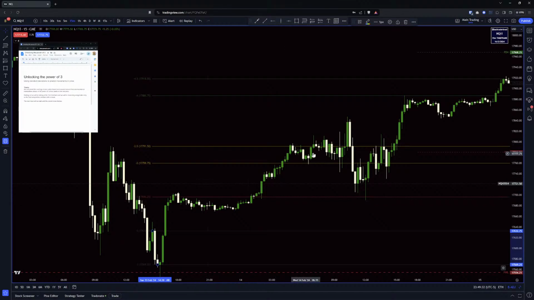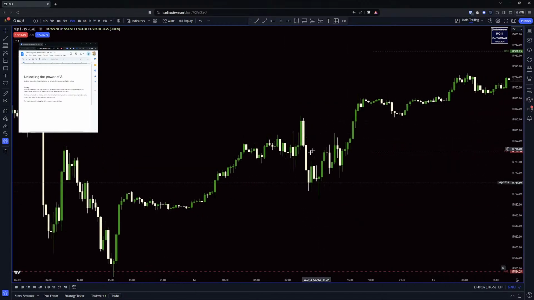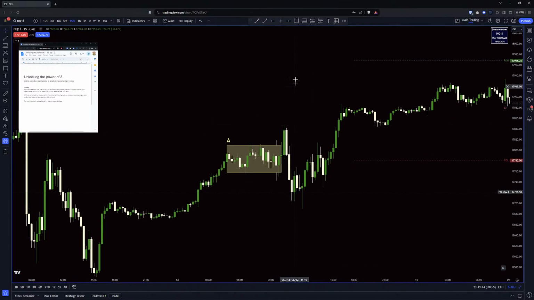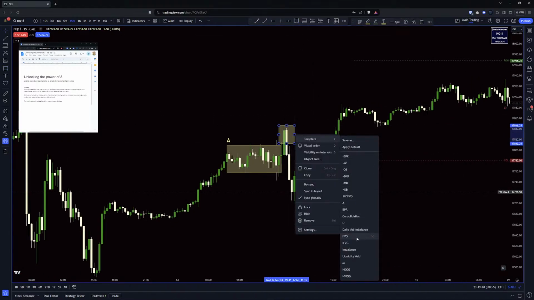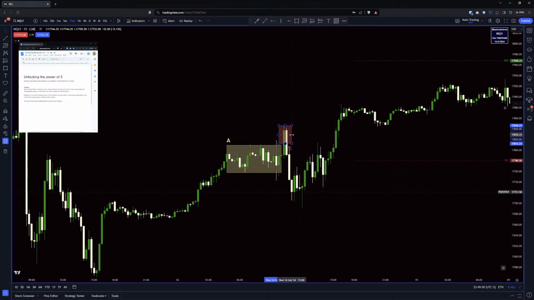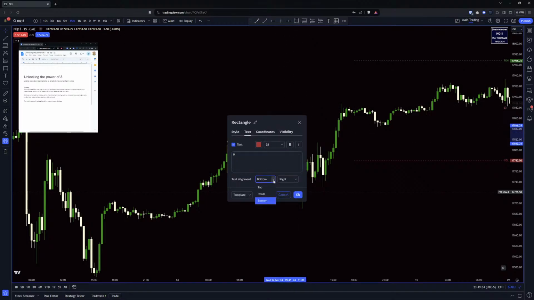So yeah, you can see from here, let's say we're only going to trade New York, right? And we have this little accumulation in London. Let's say we want to play this accumulation, manipulation, and distribution.